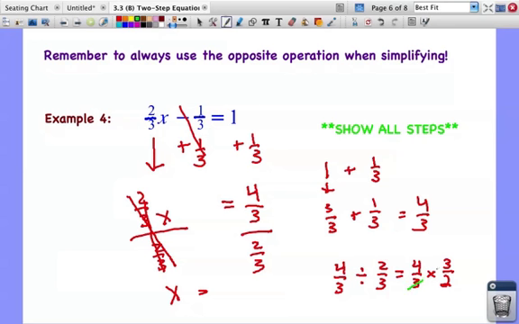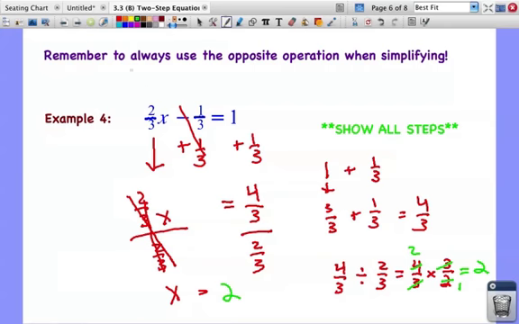These 3's cancel each other out. And then if I divide both of these by 2, I'll get 1, 2. So 2 times 1, and then just 1. So it's left with 2 over 1, which is just 2. So I get x equals 2. Okay, and then I would go back, plug this in to make sure it works, and I would find out that it does. But just for the sake of time, we'll stop right there.